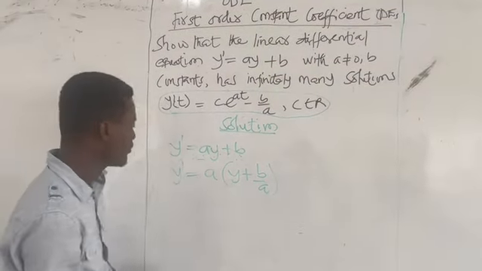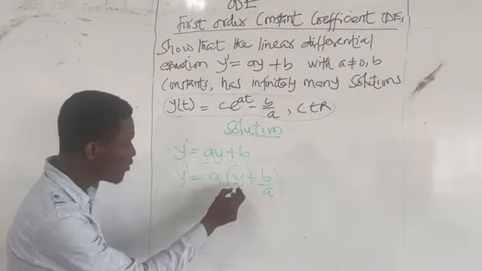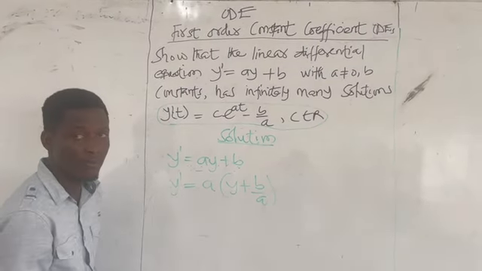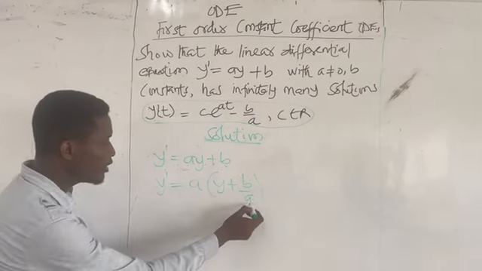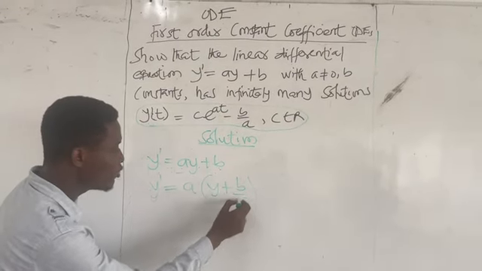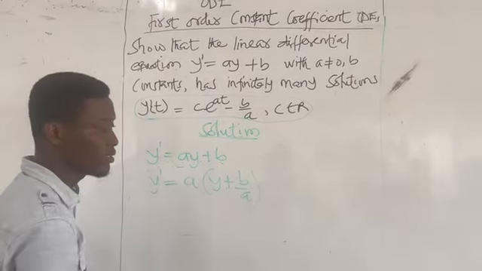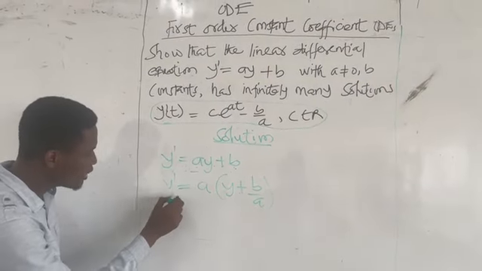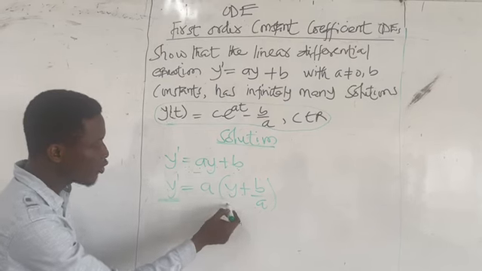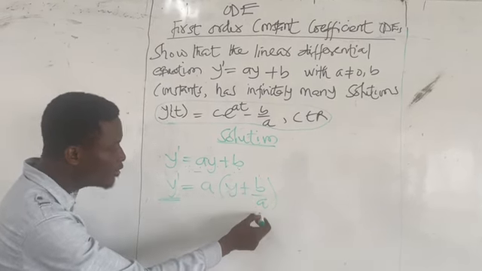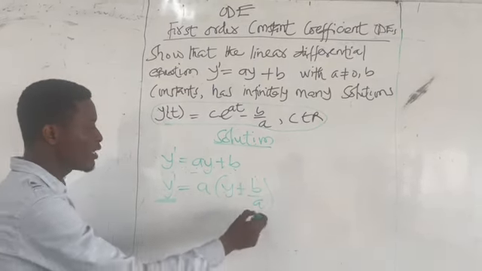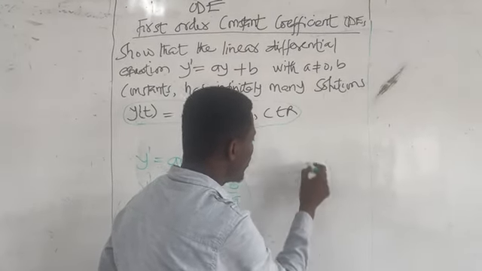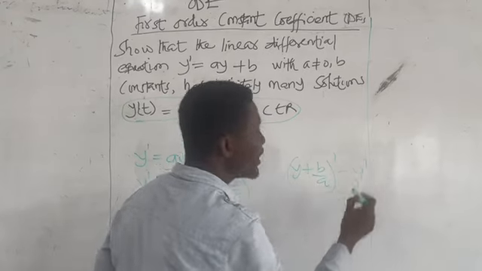From here, I can see that on the left hand side I have y derivative, but on the right hand side there is y plus b over a. Then I can modify the left to be of this form, y plus b over a, so that when I find the derivative, it is the same as y derivative.